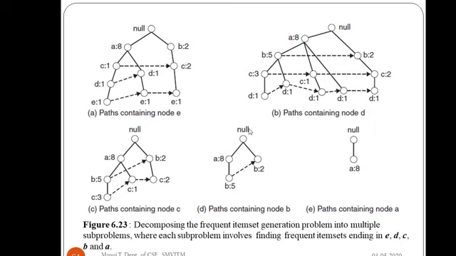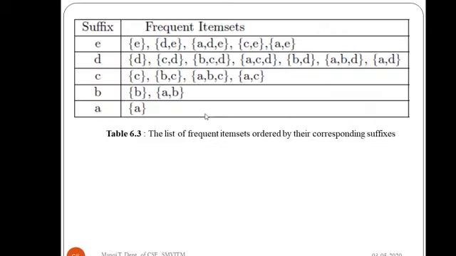The whole idea over here is that we want the frequent item sets. So we start with one ending: from E we start, from D we start, then C, B, A, like that, so that we can get the frequent item sets.